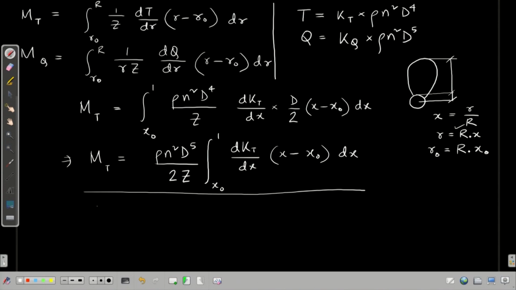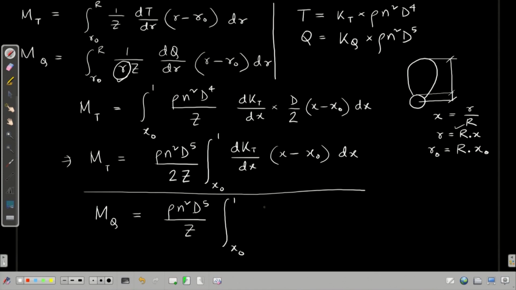In a similar way, we can write the equation for MQ. There is an additional r in the MQ equation here. So, that r will cancel out the 2 term here because R will be x times diameter by 2.